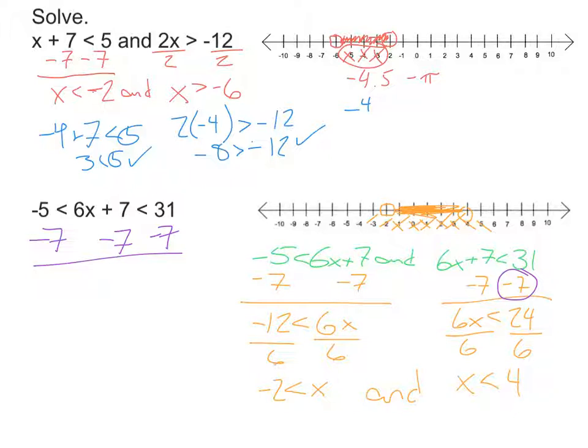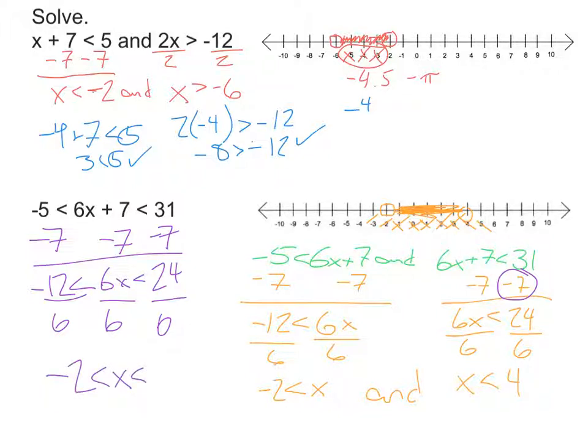And we end up with, well, negative 5 minus 7 is negative 12, less than 6x, which is less than 24. And then in both cases, I divided by 6, so when I divide by 6, I divide it by all three parts again. So negative 2 is less than x, which is less than 4. And that is exactly what we graphed.